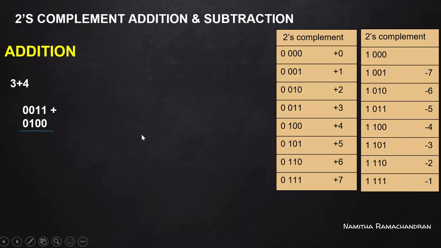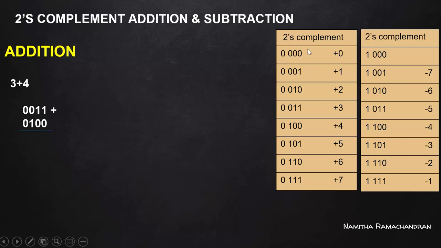For adding such values, what we want to do is directly add these binary values. This is the corresponding 2's complement representation of positive 3, right? And this one is the 2's complement representation of positive 4. The important point is that for positive numbers, the representation is the same in signed magnitude, 1's complement and 2's complement.